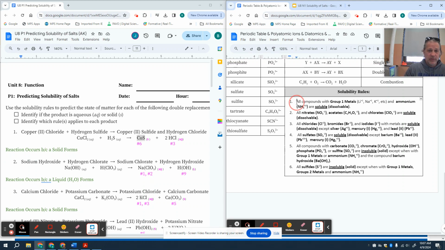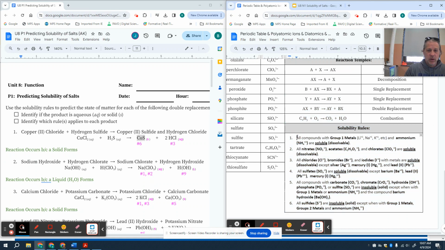Rule number 1 says all compounds of group 1 metals like lithium, sodium, and potassium, or LiKNa, are soluble. Well, lithium, sodium, potassium are not here, so we're going to go on to rule number 2.